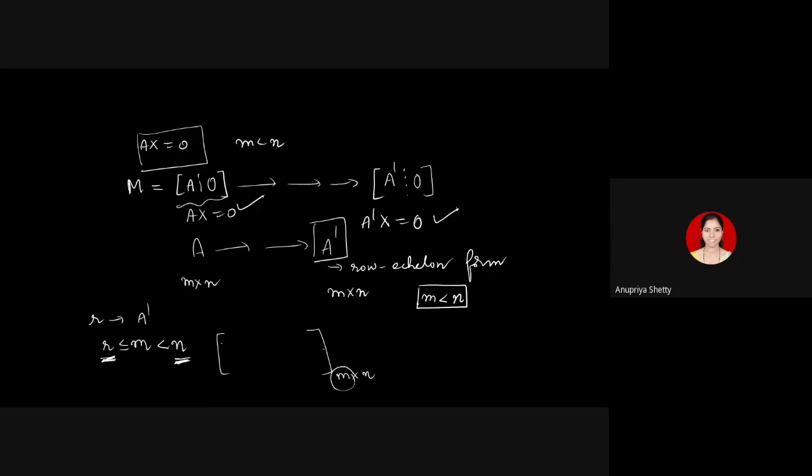So when you look at the columns of the matrix A dash, there has to be at least one column which is not having a pivot.